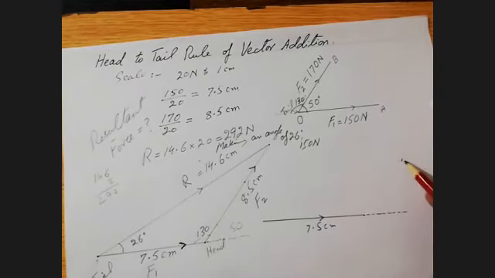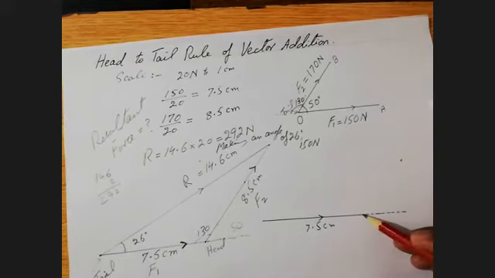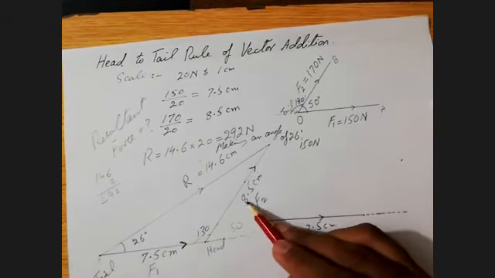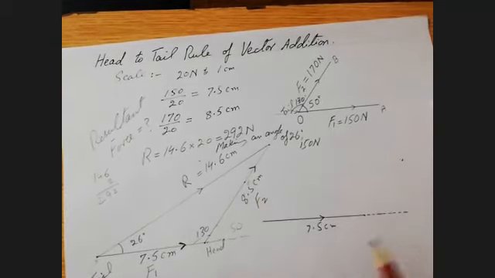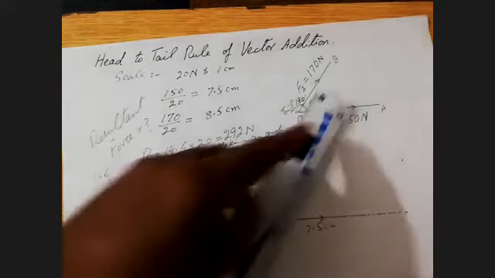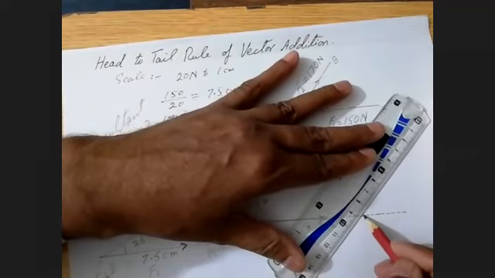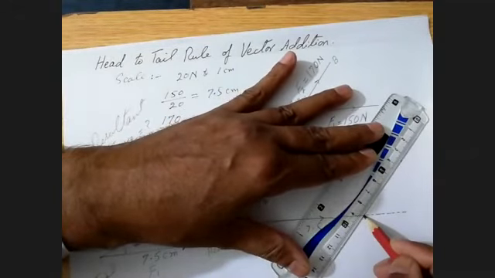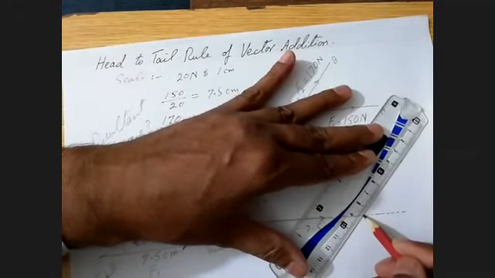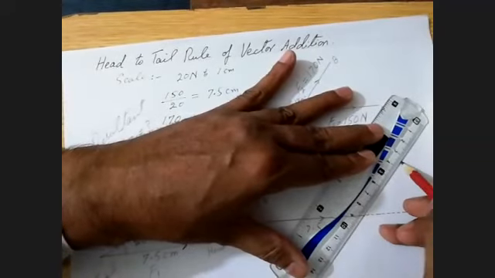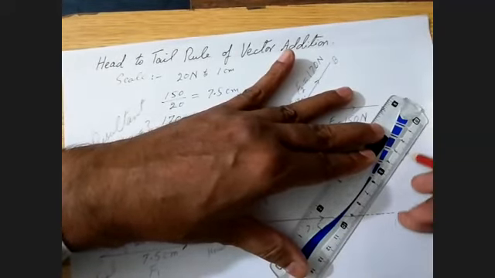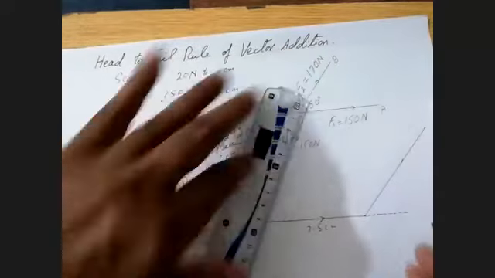Now I have to join this with the tail of the first vector with the help of an 8.5 centimeter line. Look here again very carefully: with the help of the 8.5 centimeter line, I am joining these two vectors like this. Your constructions must be as accurate as possible.